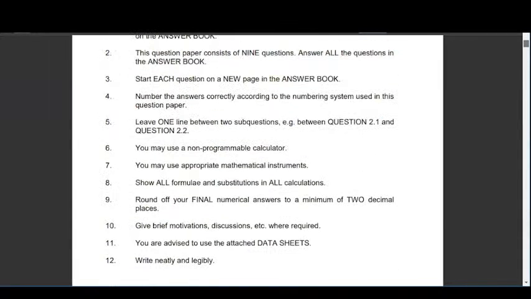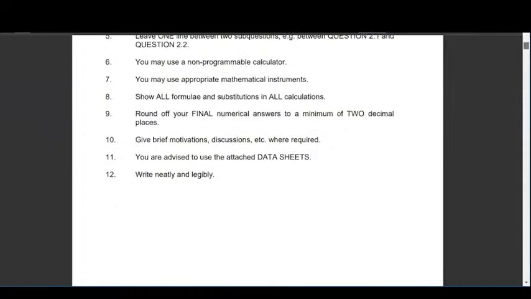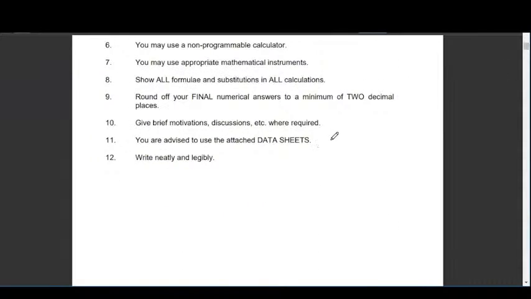I'm not going to go through the instructions. You know exactly what you're supposed to do, but let me just emphasize this.